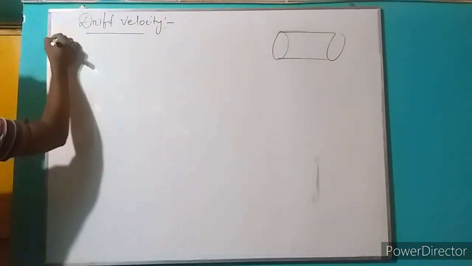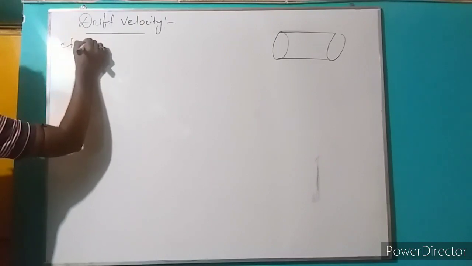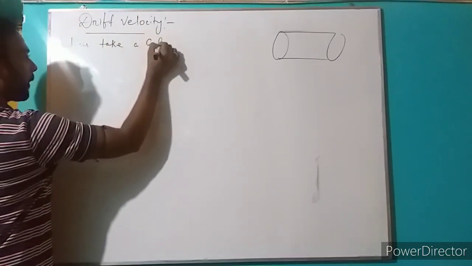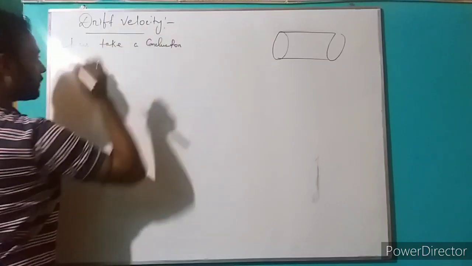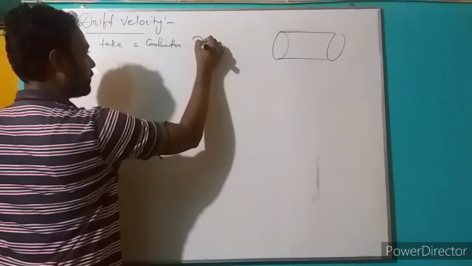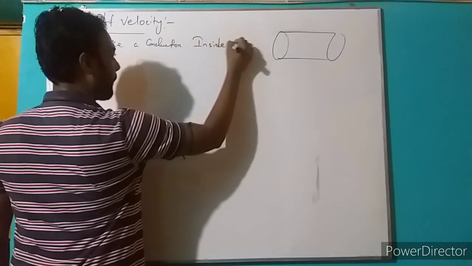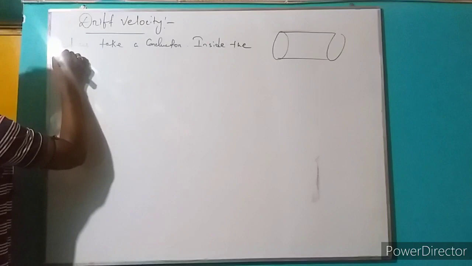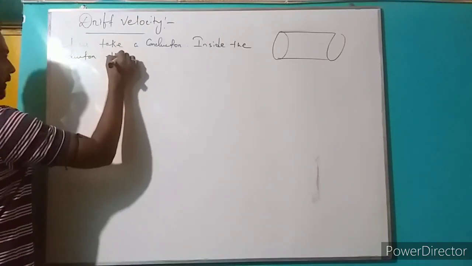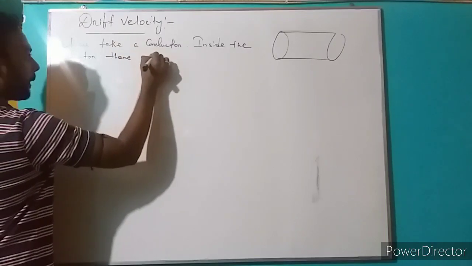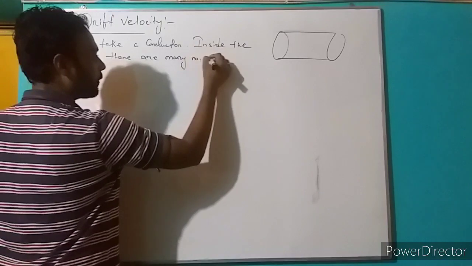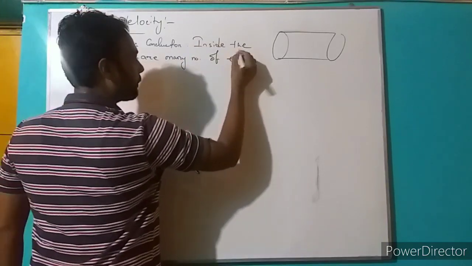So here, let us take a conductor. Clear? Inside the conductor there are many free electrons.